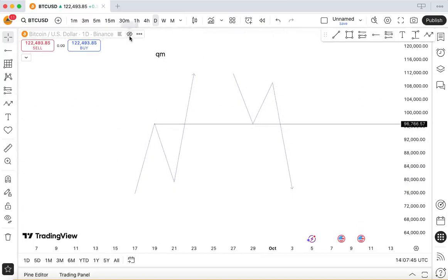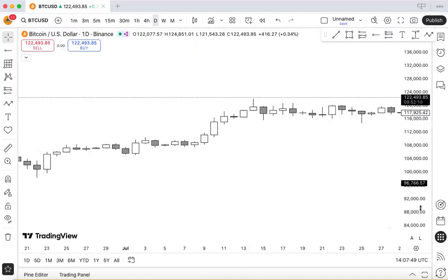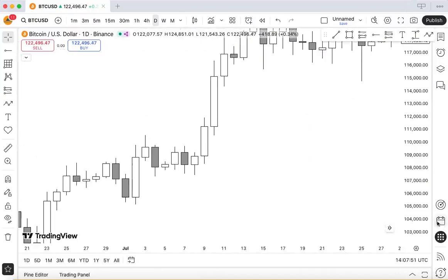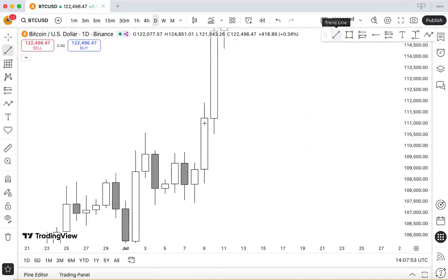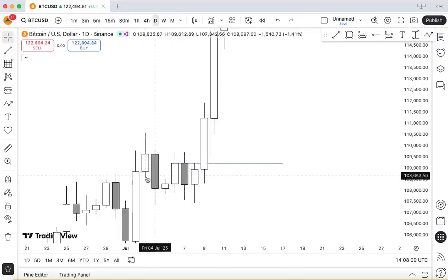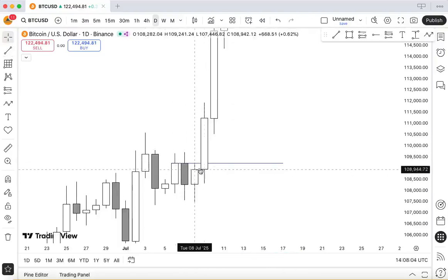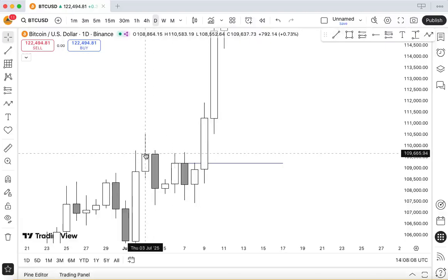Because I didn't show them to you, no problem, I can go back for your sake. This is a level of resistance being broken. Now it is what? Resistance becomes support, RBS. Same here. This is a level of what?